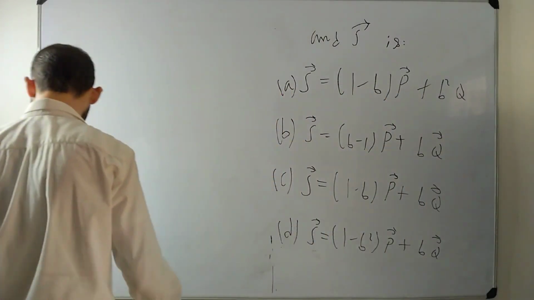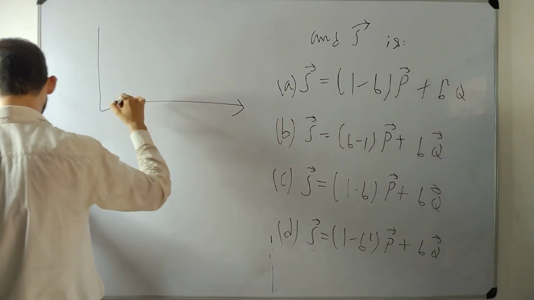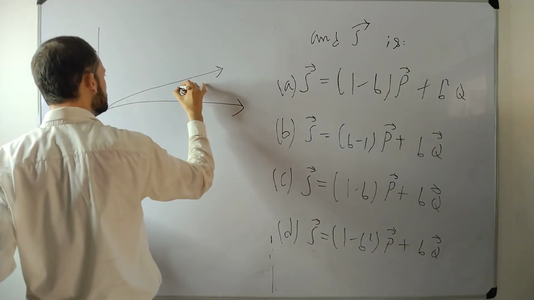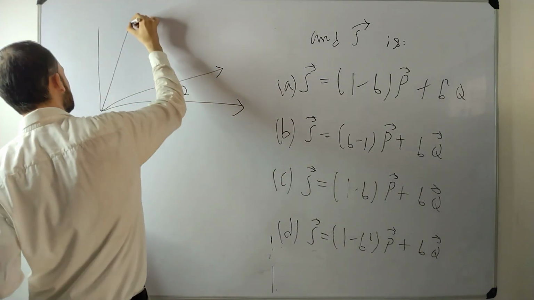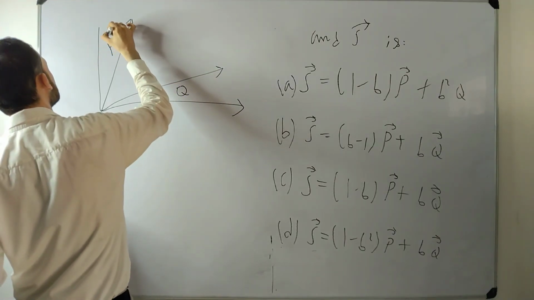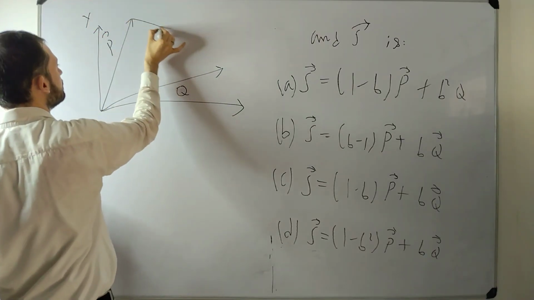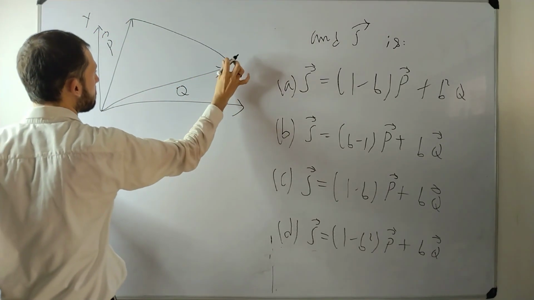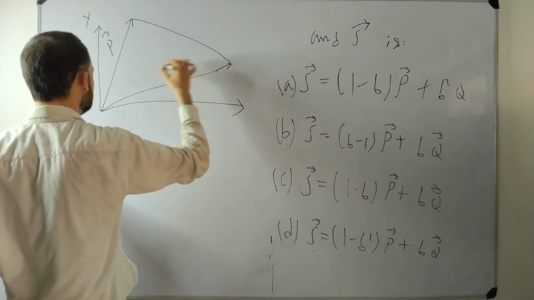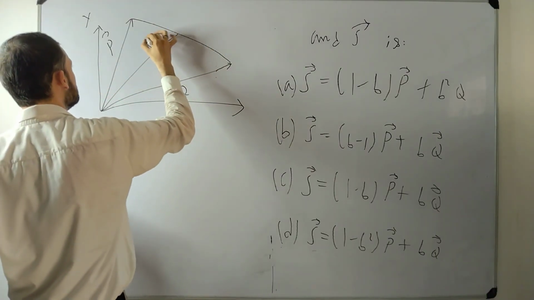So this is the figure of this. Q is this vector. Student, this is what? So this is P vector. This is the y-axis, and this is which vector? This is this vector, and this is S vector.